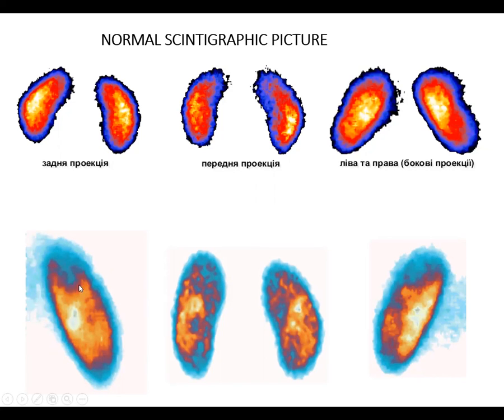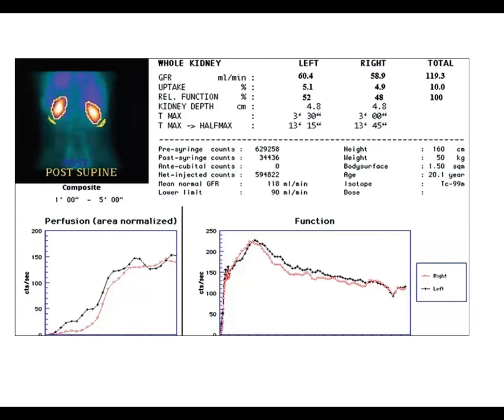There is locally no accumulation of radiopharmaceutical. We suspect a focal lesion. What is that? Malignant tumor, benign tumor, cyst? We cannot say using this method, but we can detect this focal abnormality and assess the function of the kidney in this place.